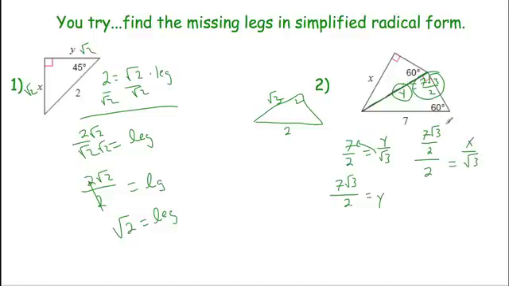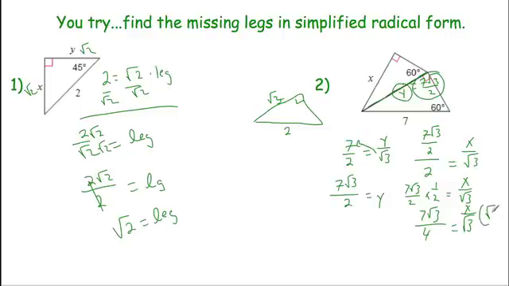Now this looks nasty, but when you divide a fraction by a fraction, what do you do? Well, I divide by the reciprocal, right? So 7 radical 3 over 2, divide by 2 is the same as multiply by the reciprocal. So that's really just 7 radical 3 over 4 equals x over radical 3.